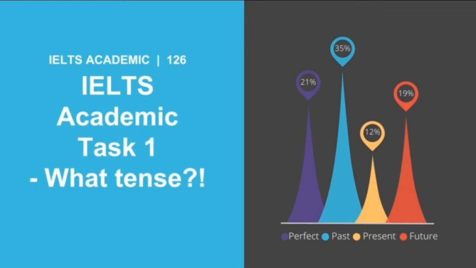For example, 58% of the population have bank accounts, but 69% of the population have mobile phones. So I'll give you an example of a sentence that we can use. It can be seen from the bar chart. That's a good way to start your sentences in academic Task 1.